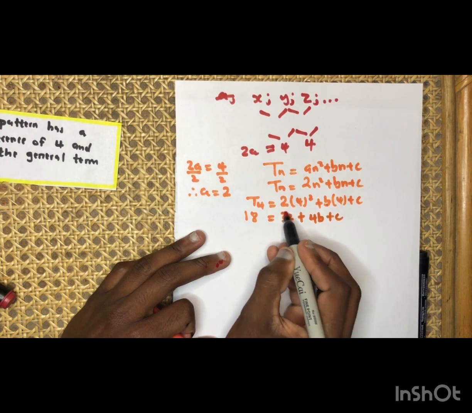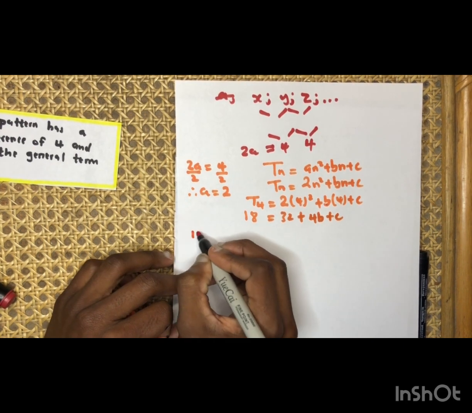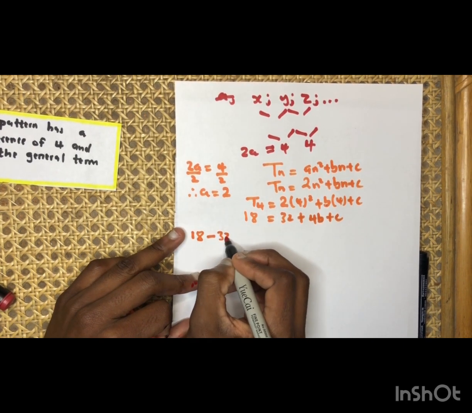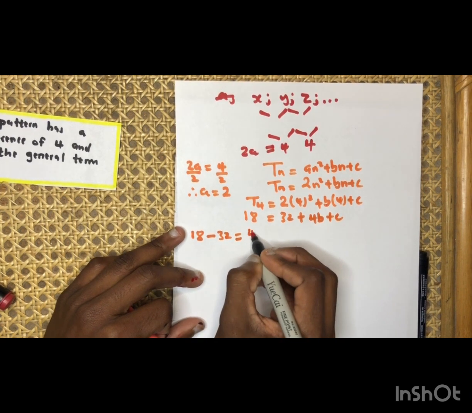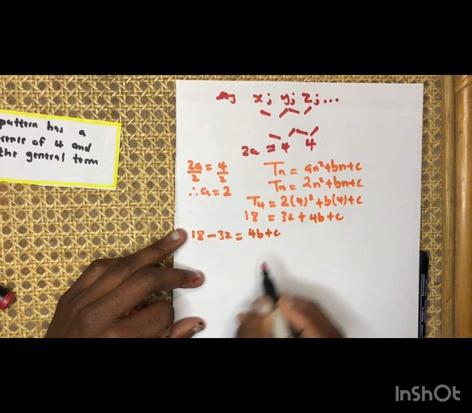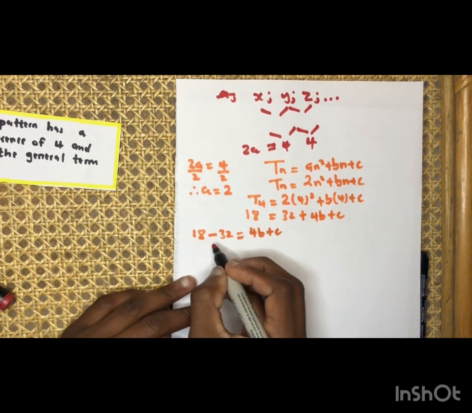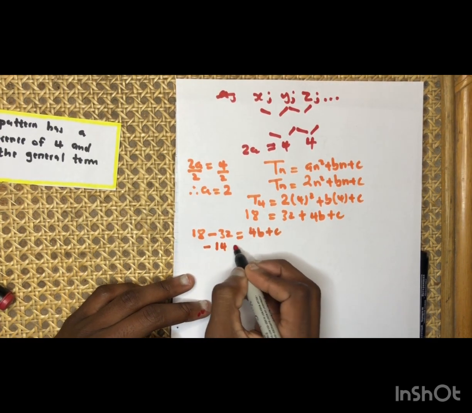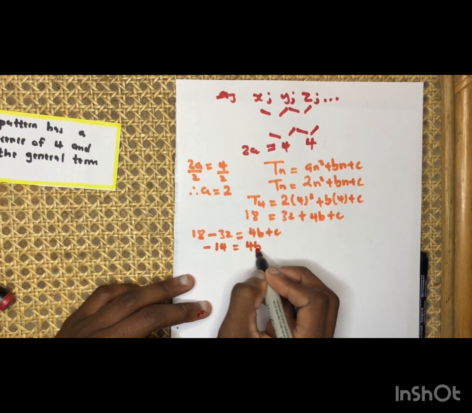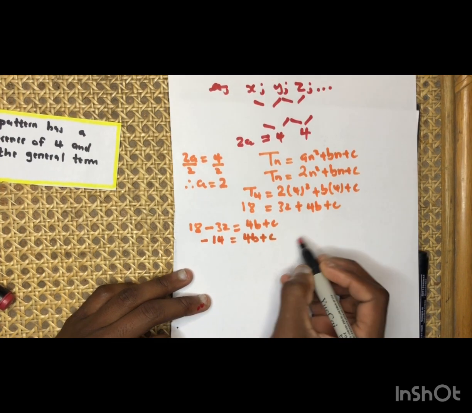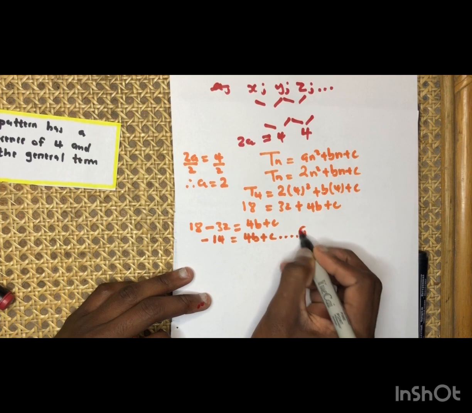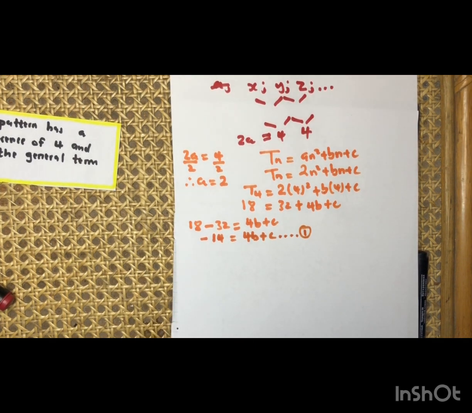Then you transpose this one to that side. Then you're going to have 18 minus 32 equals 4b plus c. So 18 minus 32, you get negative 14. Then this is 4b plus c. This is equation 1. Understand?